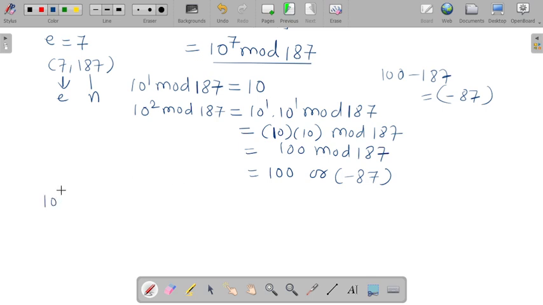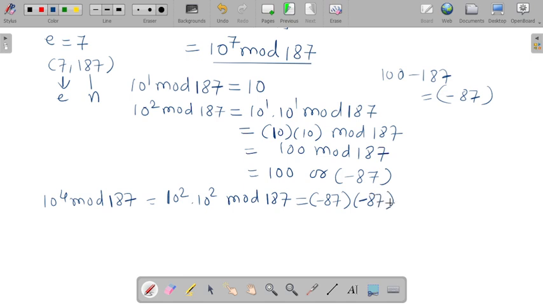Now we will find 10 raised to 4 mod of 187, which is nothing but 10 raised to 2 into 10 raised to 2 mod of 187. So 10 raised to 2 is nothing but 100, or else you can put here minus 87 into minus 87 mod of 187. And the answer for this is 89, or you can put 89 minus 187, that is minus 98.